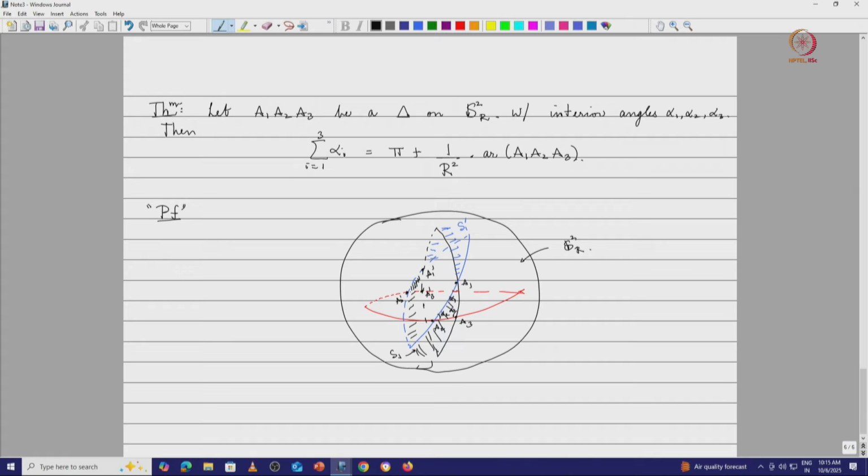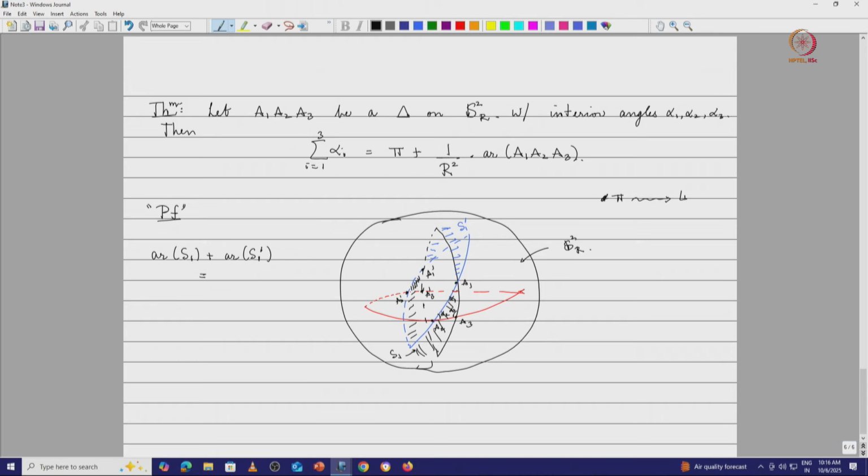Okay, so this sector is S1, the other sector is S1 prime, and I similarly do the same thing to the other angles. Now what will be the area of S1 plus the area of S1 prime? So you can imagine that if I open up alpha 1, so that alpha 1 is equal to pi, then these two sectors would combine to cover up the entire sphere, right.